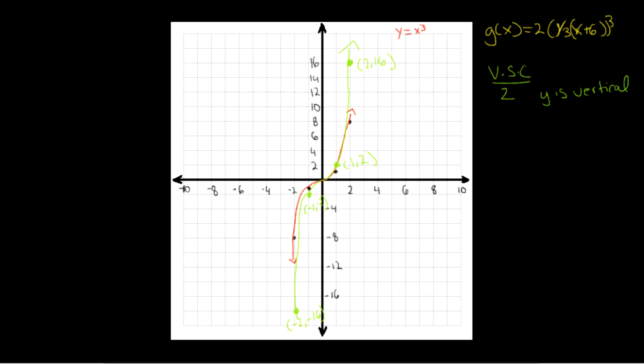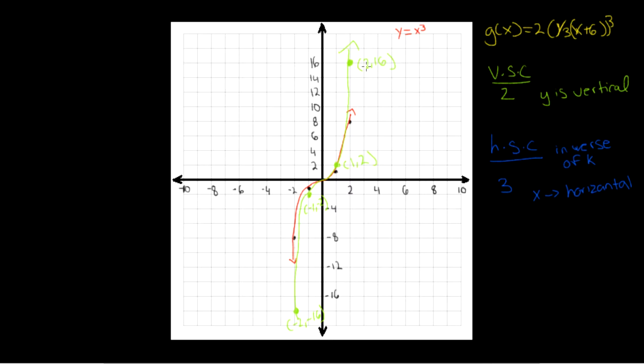Now let's move on to the horizontal stretch or compression. It is by a factor of 3 because it's the inverse of k, because remember k is confusing. Well, the x is the horizontal. So we multiply all the x values by 3. So we'll take (2, 16).